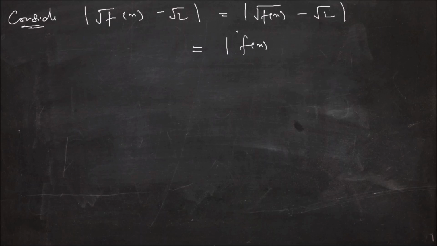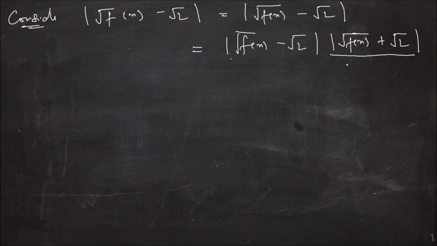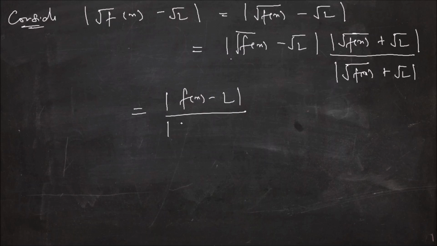Let me add one more step. So I am multiplying and dividing by root f x plus root L. So after multiplying and dividing, now this is equal to f x minus L upon root f x plus root L.